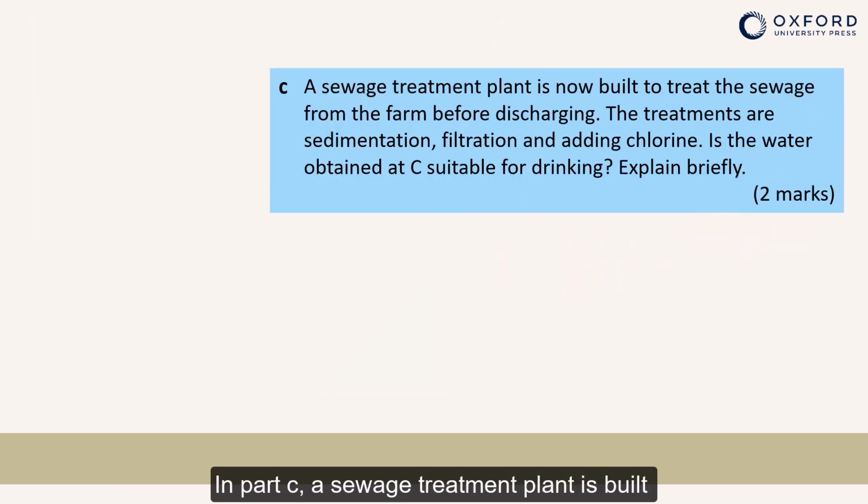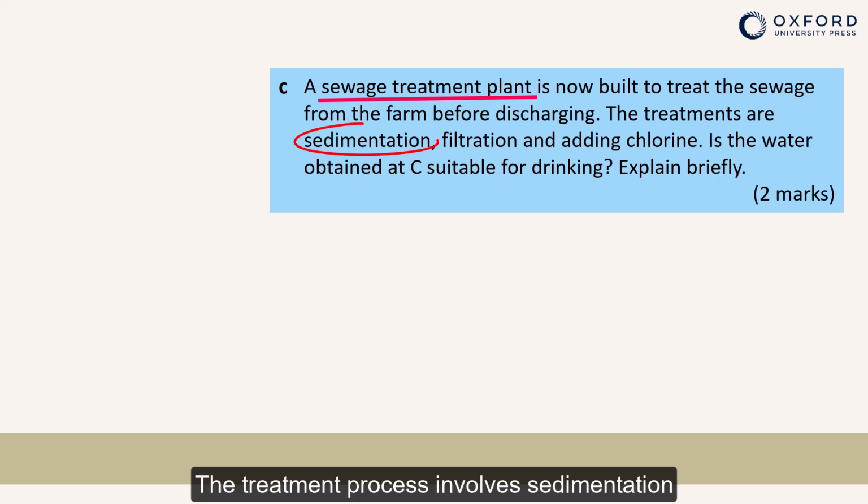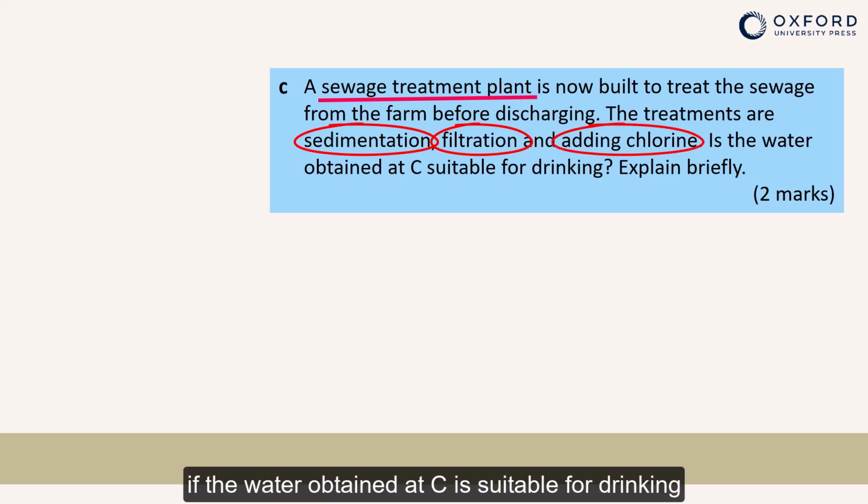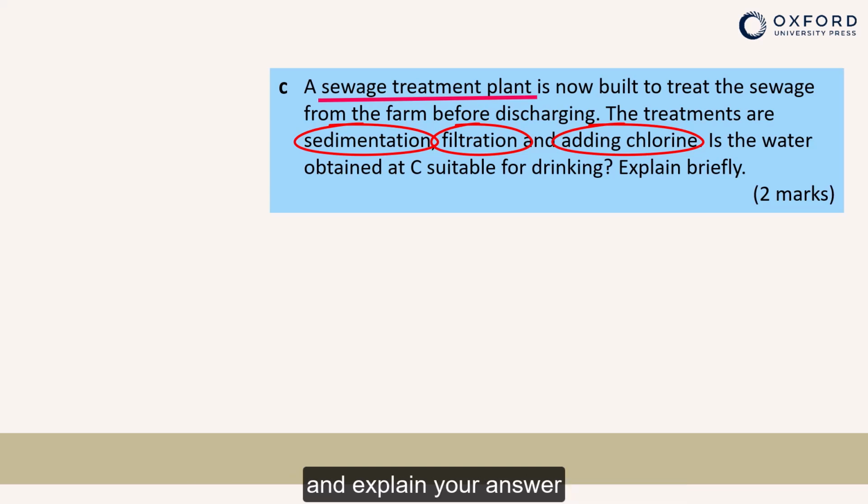In Part C, a sewage treatment plant is built to treat the sewage from the farm, before the sewage is discharged into the river. The treatment process involves sedimentation, filtration, and adding chlorine. You are asked to determine if the water obtained at C is suitable for drinking, and explain your answer.